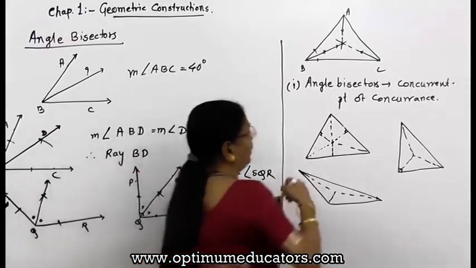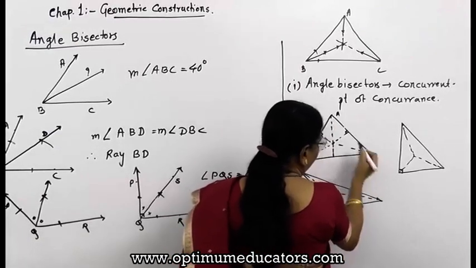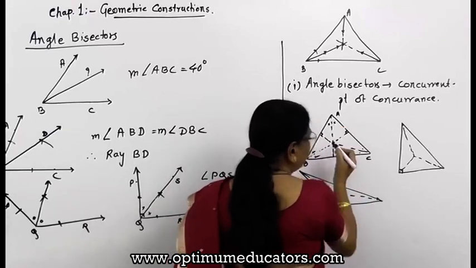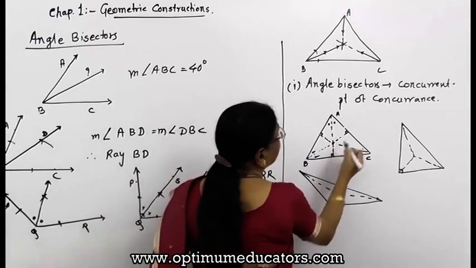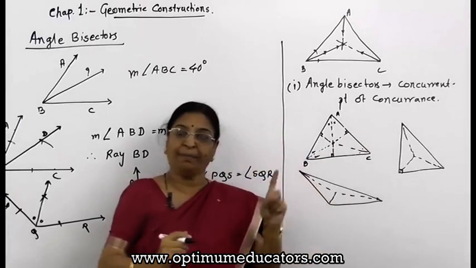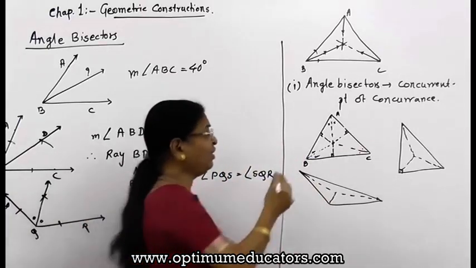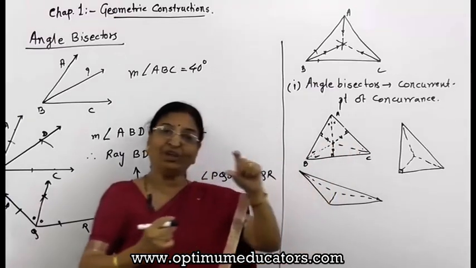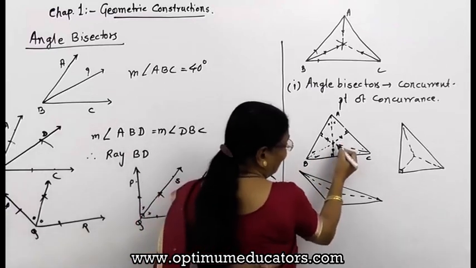Now we have drawn in triangle ABC these three angle bisectors. I will mark it, and this is the point of concurrence. From this point of concurrence, I have drawn three perpendiculars on the three sides of the triangle. Can you measure their distances? See the length of the perpendicular from that point. Of course, they are equal.